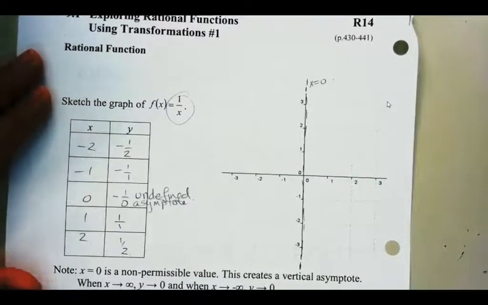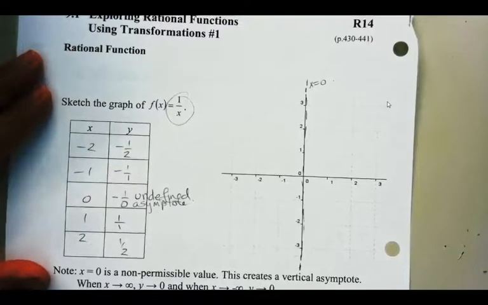Okay, let's write out the definition of what a rational function is.